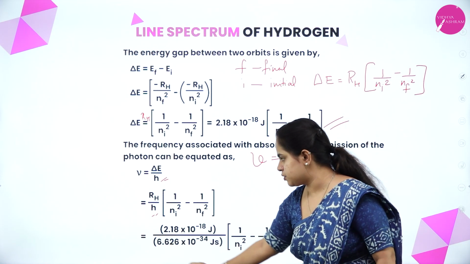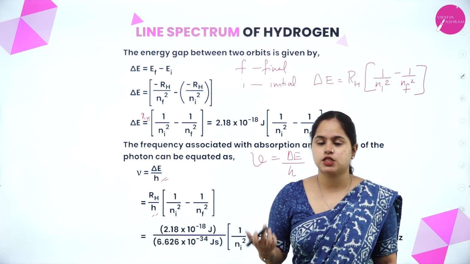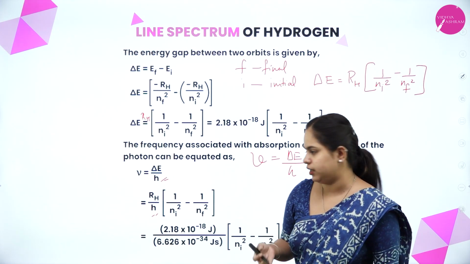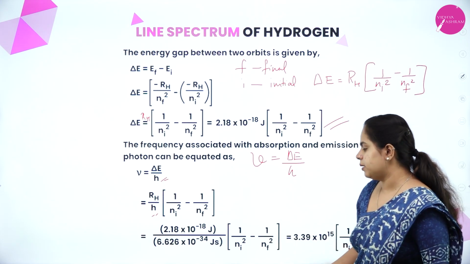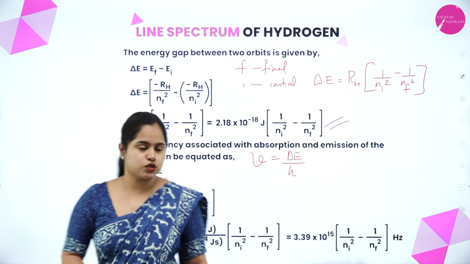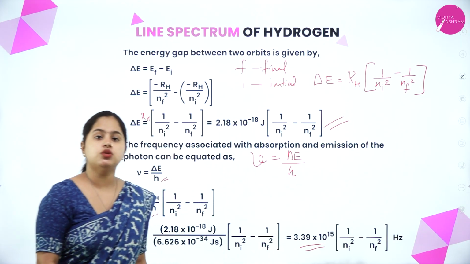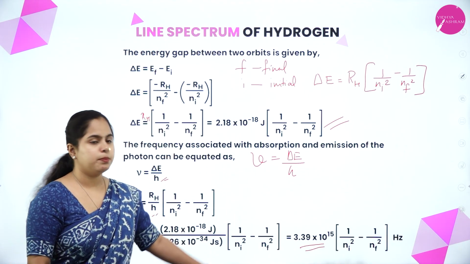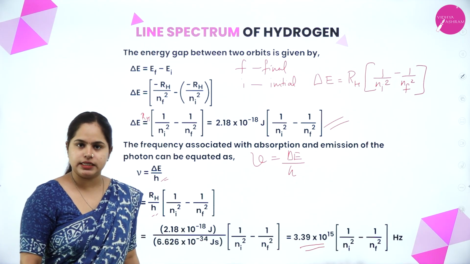So, the values are substituted here. We know h is Planck's constant having a value 6.626 into 10 to the power minus 34, right? So, that is being substituted here, which will give you the value as 3.39 into 10 to the power 15 into 1 by NI square minus 1 by NF square. So, I hope till here it is clear.